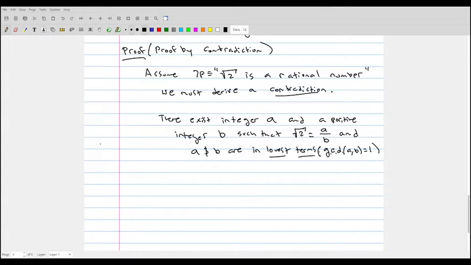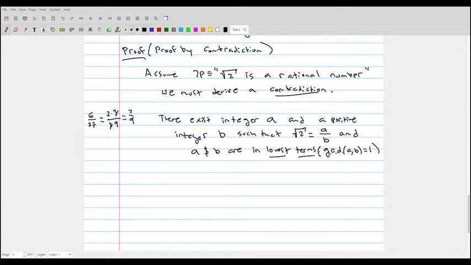For example, the fraction 6 over 27 is not in lowest terms, because 6 is 2 times 3, and 27 is 3 times 9. So this fraction 6 over 27 is not written in lowest terms. The fraction 2 over 9, though, is written in lowest terms.